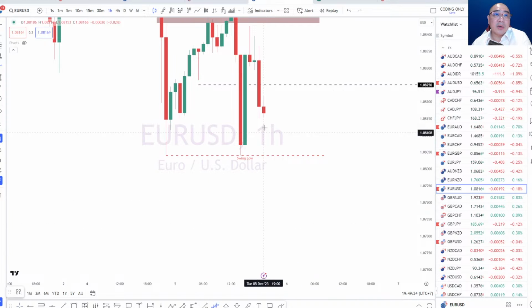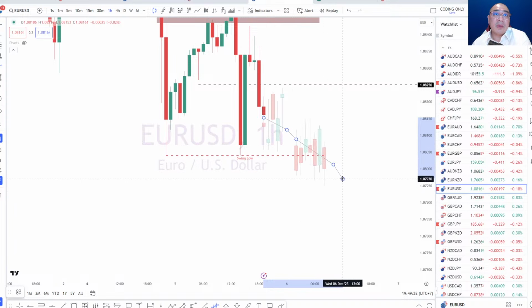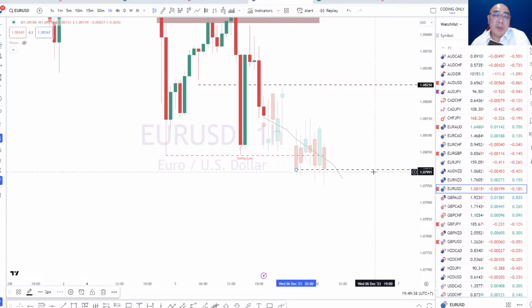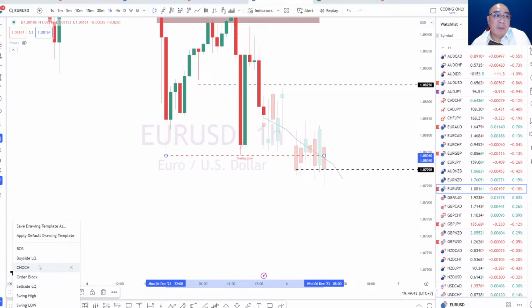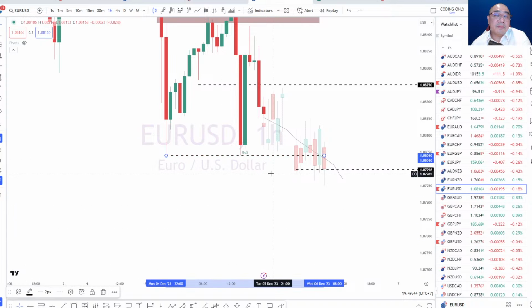No, I'm not drawing it right. Okay, maybe something like this, yeah. Okay, when there's a close below that swing low, which is over here, that's when it becomes officially broken, and this swing low would then become a break of structure.